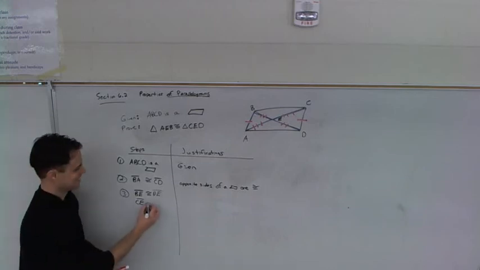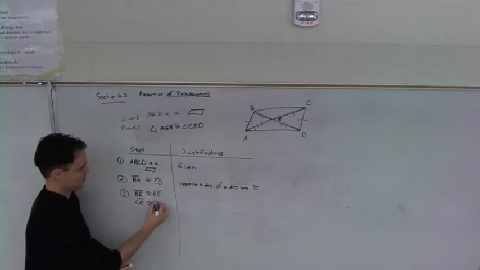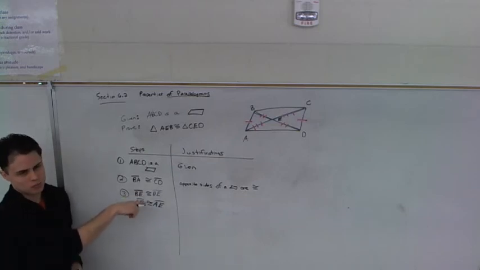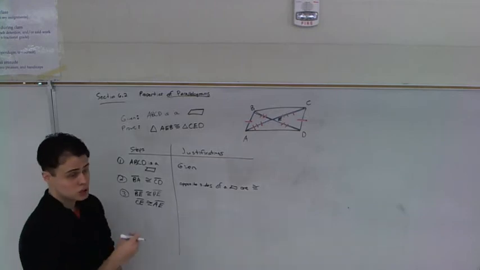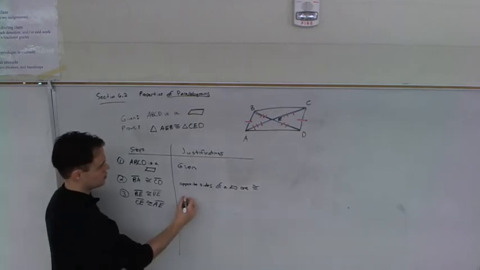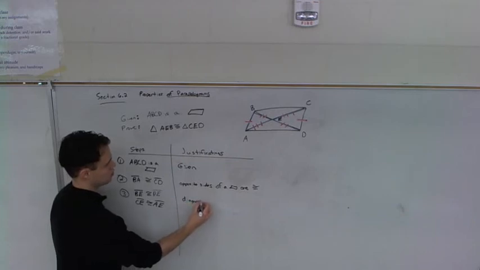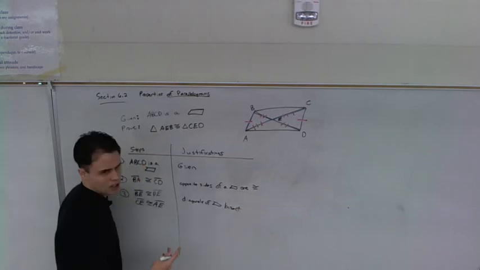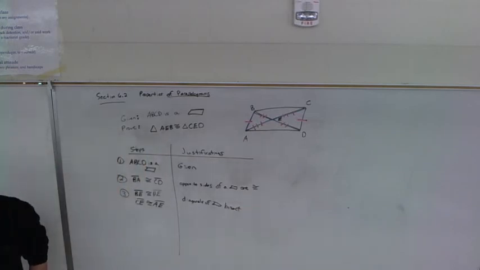Okay, and why is that? Yeah, essentially, so we can write that by saying diagonals of a parallelogram bisect. You know, something like that, that's good. The diagonals bisect, you could say that, that'd be good.